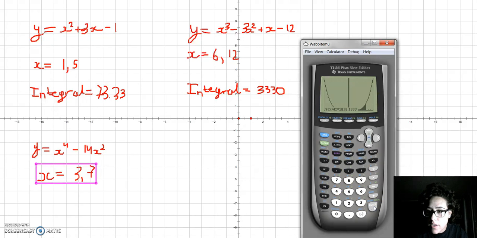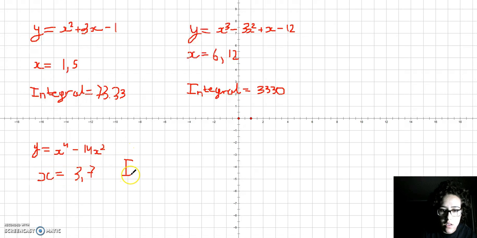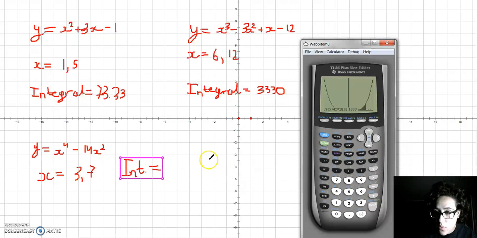Enter. And then it just calculates it all for you, and so our integral in this case is 1,838.133. I'm just going to abbreviate it this time, equals 1,838.13.